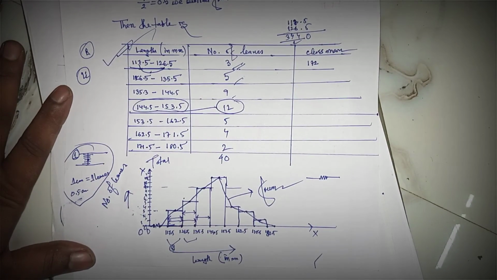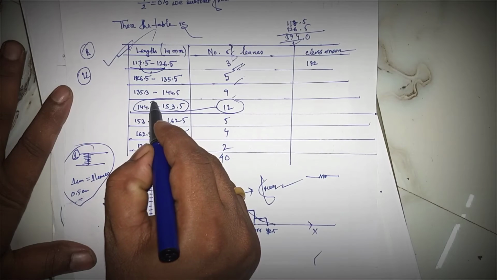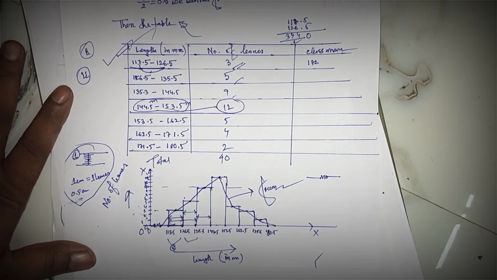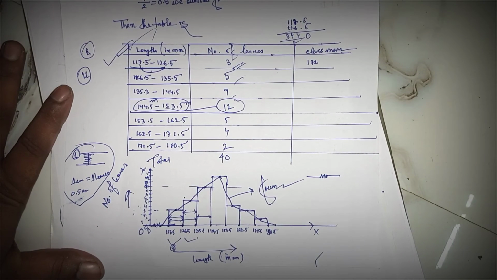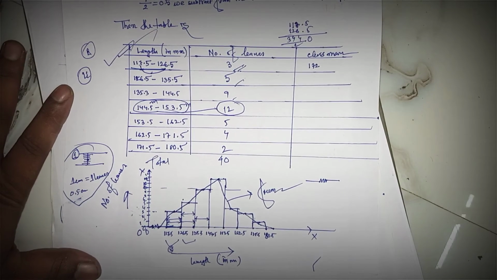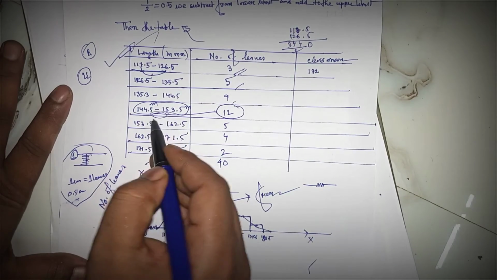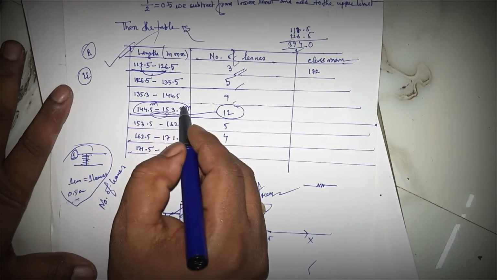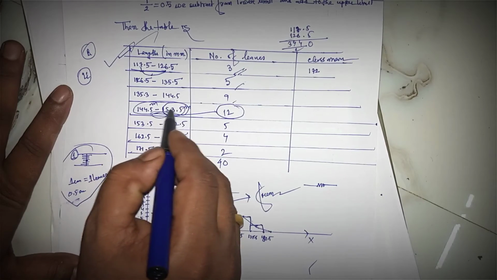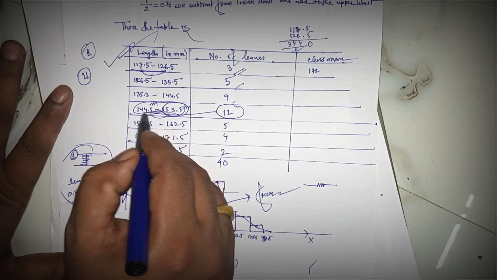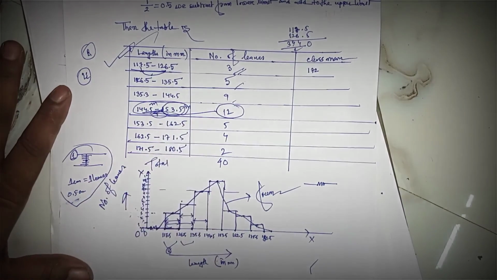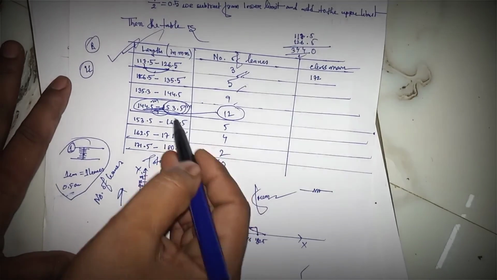That means the maximum number of leaves are lying between the length of this millimeter to this millimeter, and in the book given, the maximum number of leaves are 153 millimeter long, not exactly 153, but between these values. If we say 153, then all the values before 153 did not come in this value.